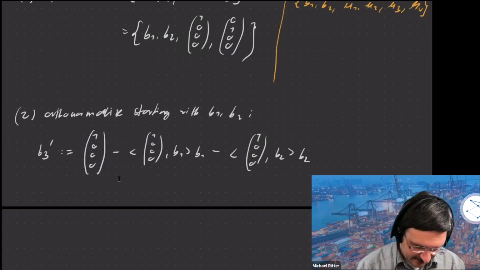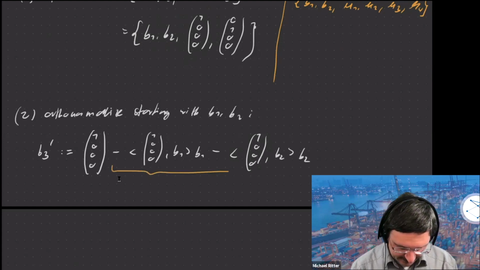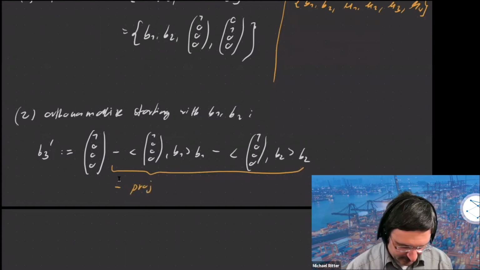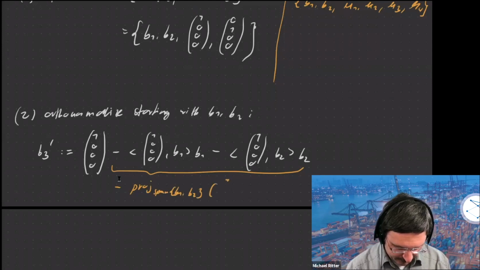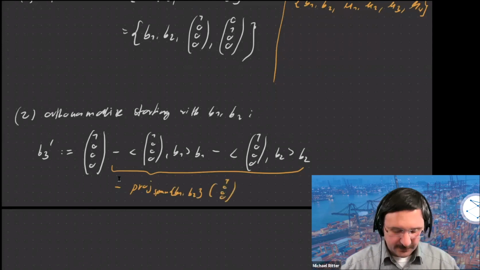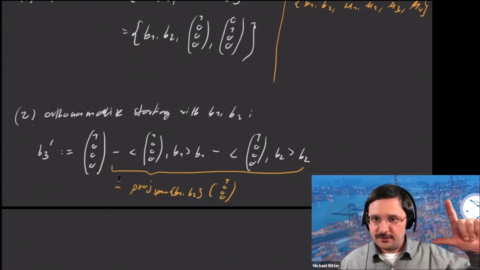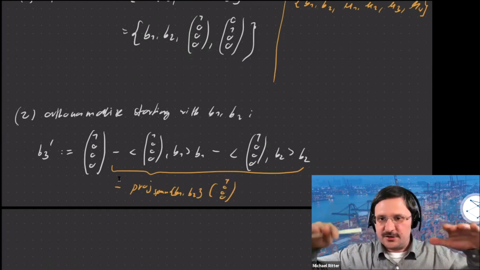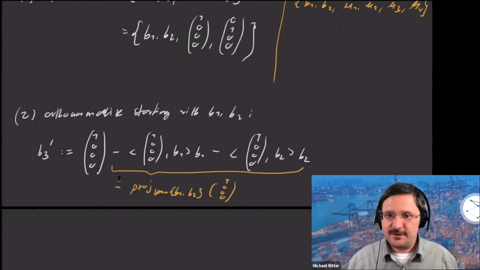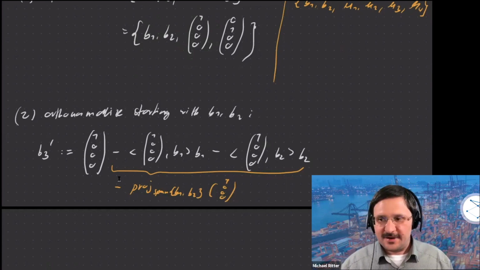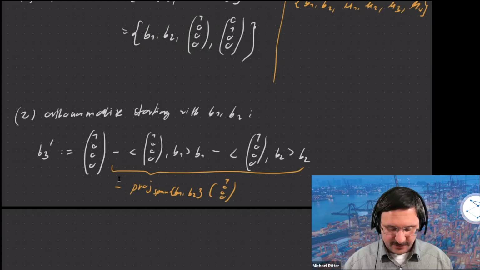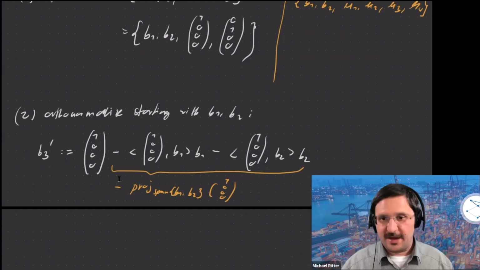And this expression basically means we are subtracting the projection of 1, 0, 0, 0 onto the span of b1 and b2. So what remains is, again, the difference between the actual vector, 1, 0, 0, 0, and its projection onto the space that we have already covered by b1 and b2. So this remainder is necessarily orthogonal to b1 and b2, to the whole space spanned by b1 and b2.